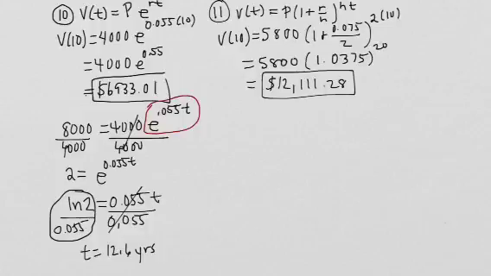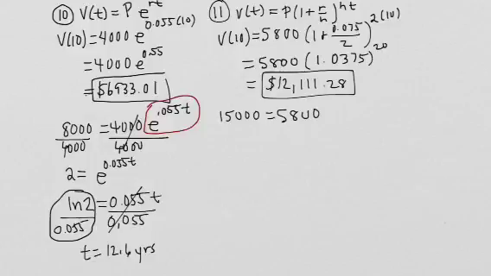The next question is, when will it be worth $15,000? So I'm going to put, in place of the V of t, 15,000, and it equals 5,800.